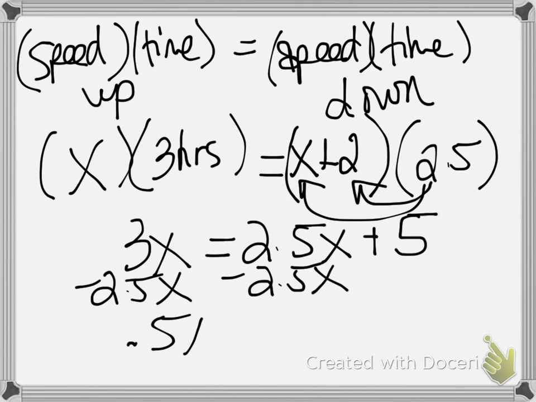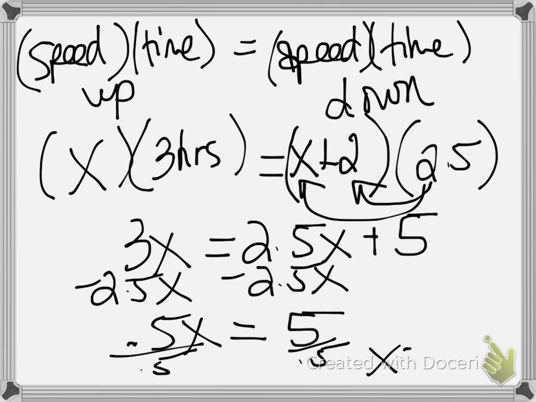I'm left with 0.5x equals 5. So that's really like a half, but if I divide each side by 0.5, I know that x is 10. So the boat travels 10 miles per hour for 3 hours upstream, so it travels 30 miles upstream.